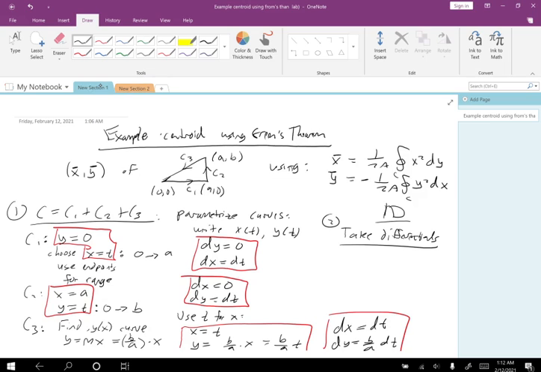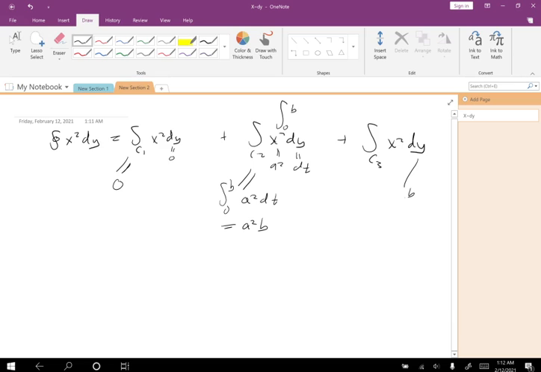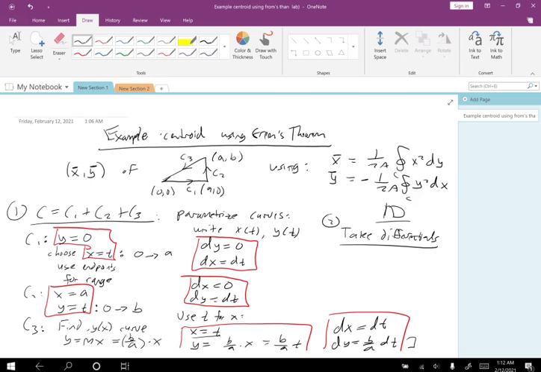Finally, for our last one, we know x is t, and dy is b divided by a dt. Our x range is actually from a to 0 because we're going backwards, and this is an artifact of that positive orientation.